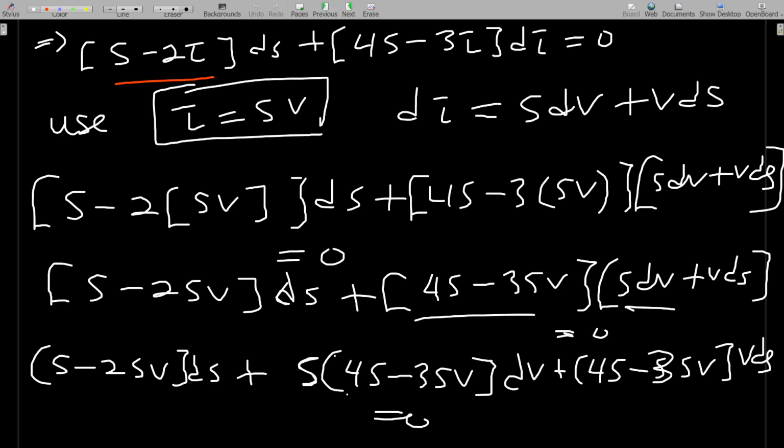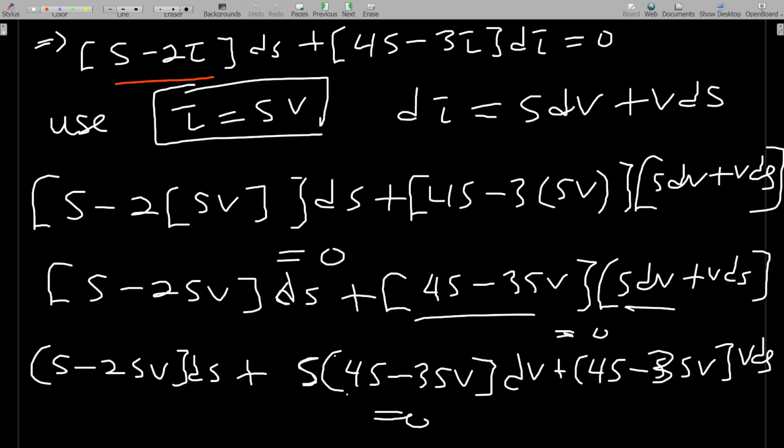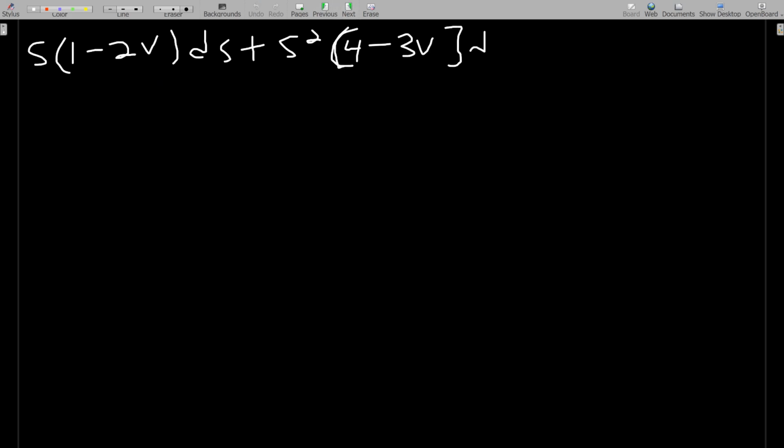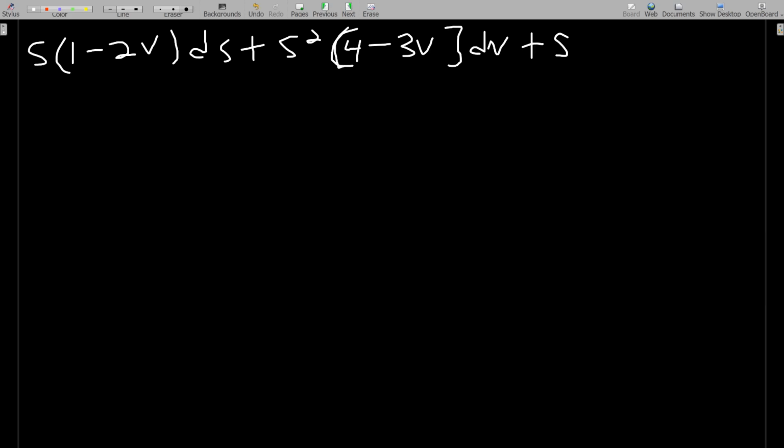out 4 minus 3v, 4 minus 3v, then this is dv, right? Okay, dv, then plus, let me factor s out from here, and you have s out 4 minus 3v, then v ds.